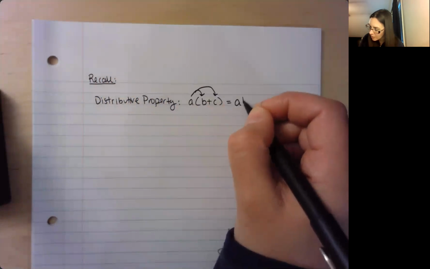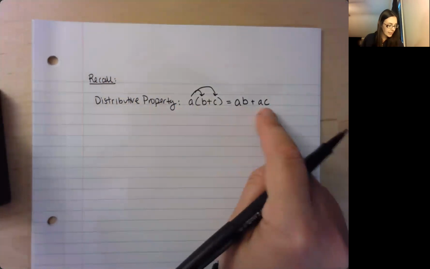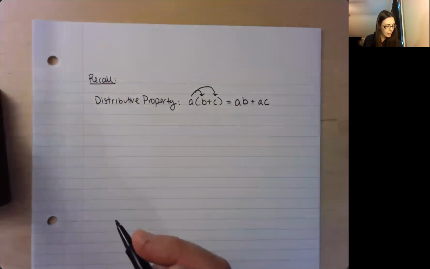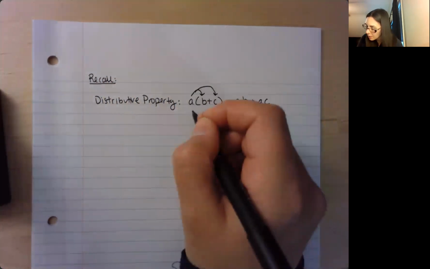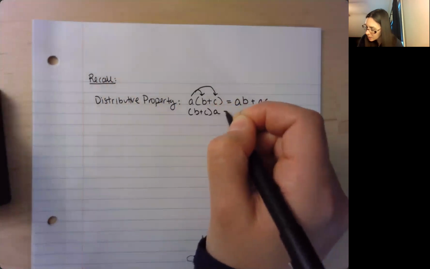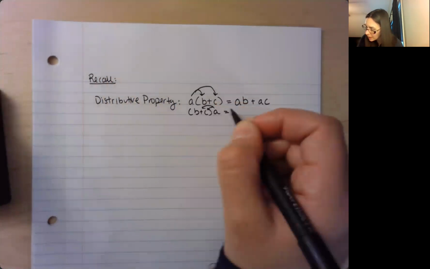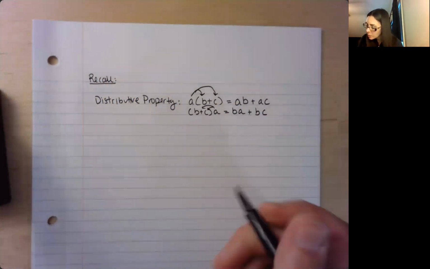So you have AB plus AC. This is, again, A times B, A times C. And it also works the other way. So if you have (B plus C) times A next, you can bring it in this way. So BA plus CA is fine. And you can also do it with subtraction.